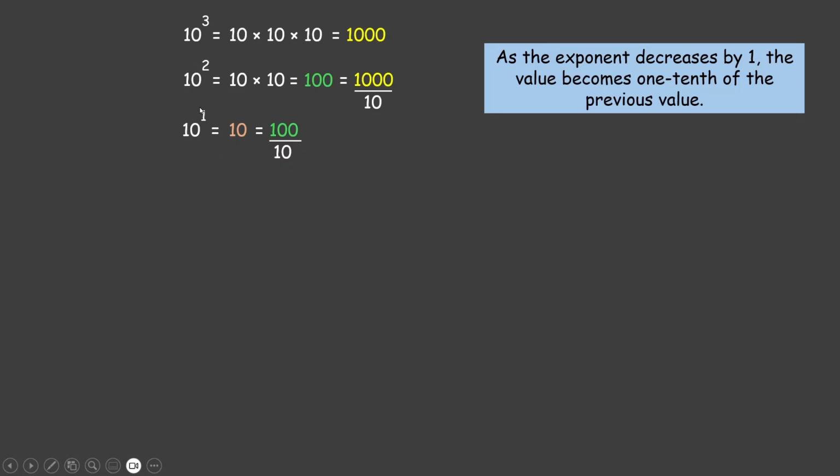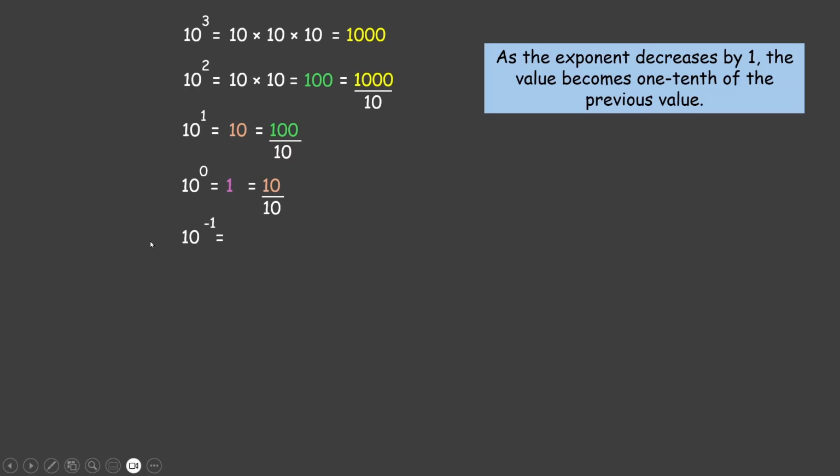Since we are raising these exponents to 10, every time the exponent decreases by 1, the value is becoming 1/10. Now, next would be when we have to decrease the exponent by 1 again. So, that will be 10 raised to the power 0, which will be 10 divided by 10, which is 1. Next, we decrease the exponent by 1 again.